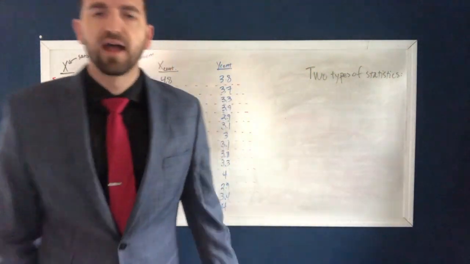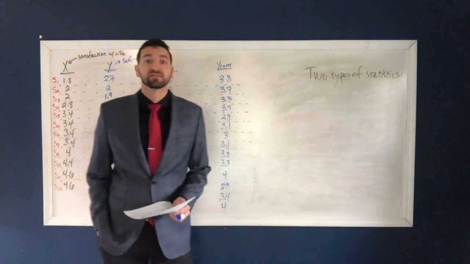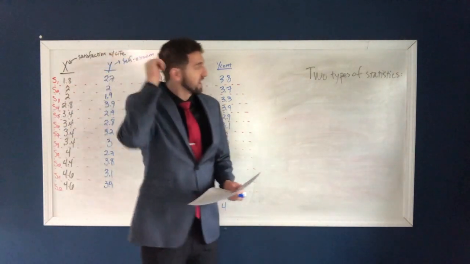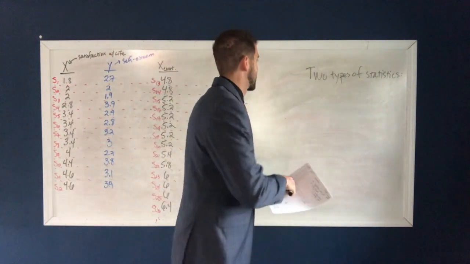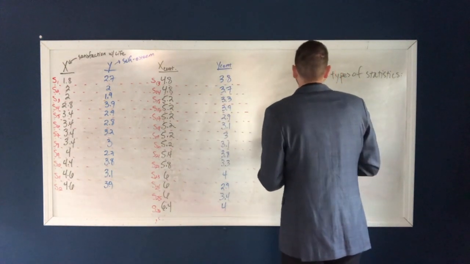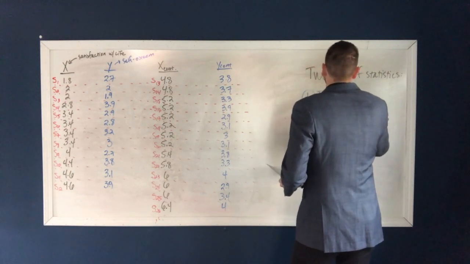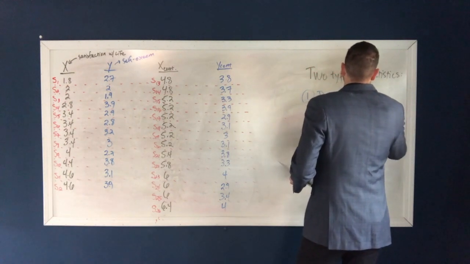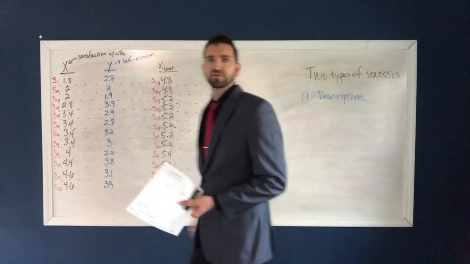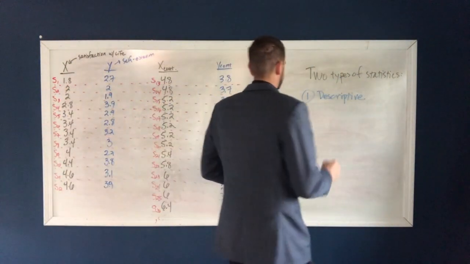Okay, so I always like to begin talking about the two types of statistics. So what are the two types of statistics? The first type is descriptive, okay?